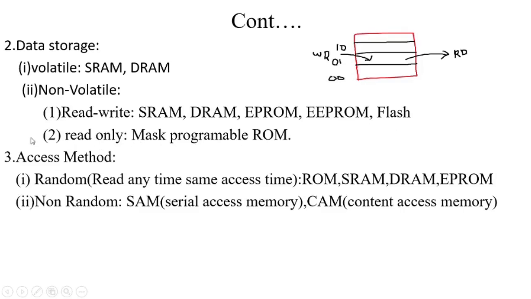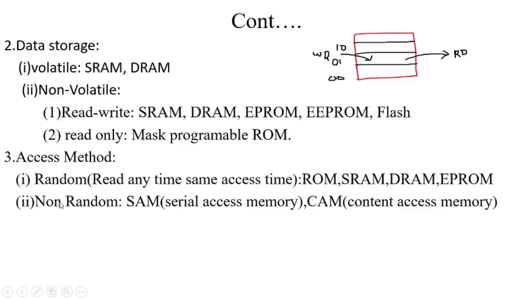Based on the access method, the memories can be classified into two types. One is random access memory, whose examples are read-only memory, static RAM, DRAM, and EEPROM.